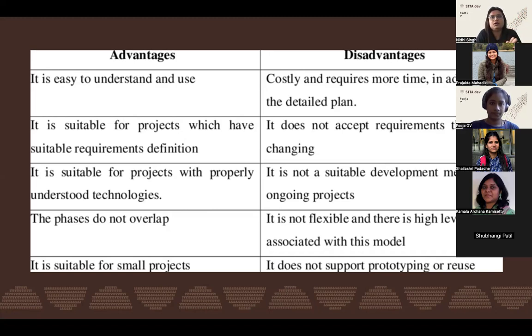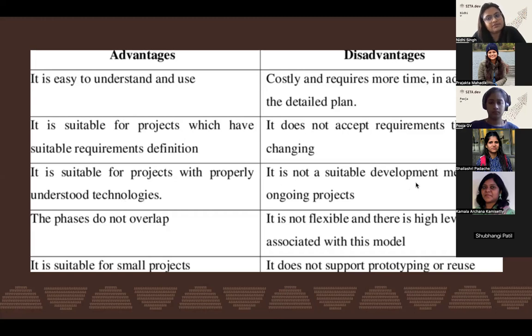It's very costly to add any missing requirement in this waterfall model. So this is suitable for projects that have a stable requirement definition. It does not accept requirements that keep on changing. It is suitable for projects with properly understood technology, because everything is fixed and we cannot change. Changes cannot be entertained in this model.